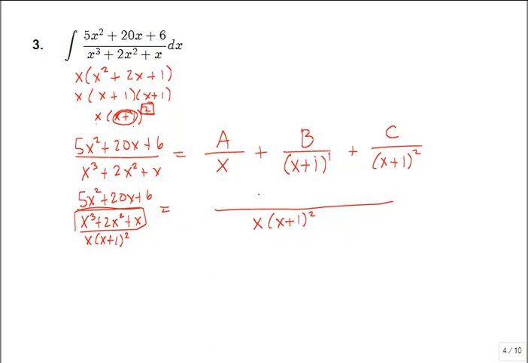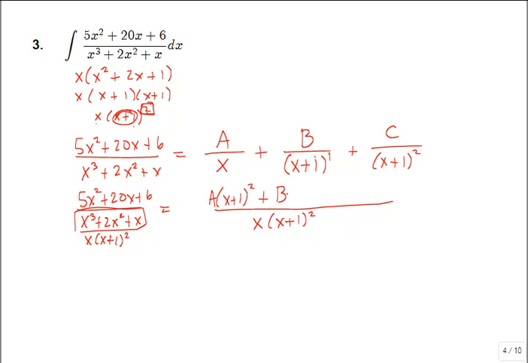What should the numerator be if I get a common denominator over here? Well, this first fraction has the x, but it's missing both of the x plus 1's. So this numerator would be this A times both of these x plus 1's. The middle fraction has one of the x plus 1's, but it's missing the other one and it's missing the x.